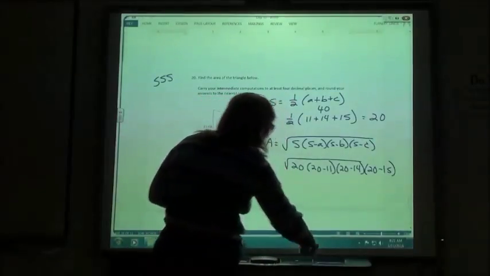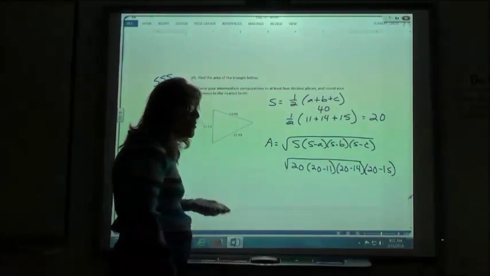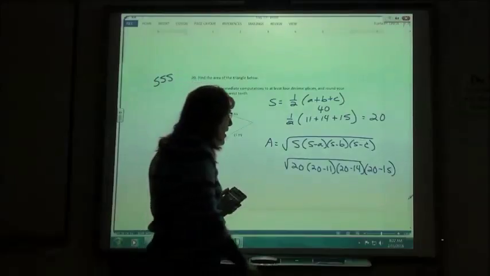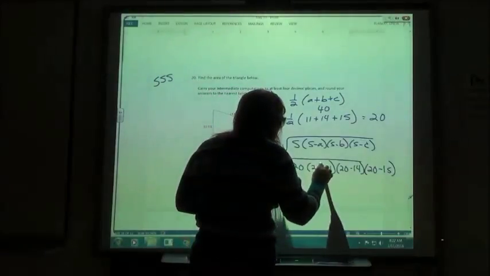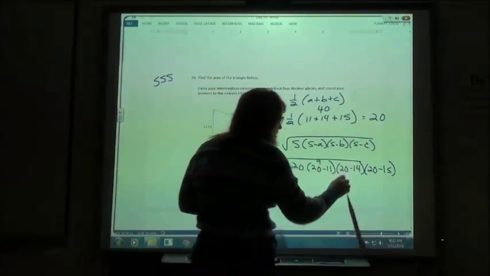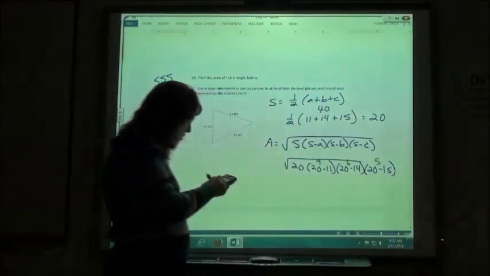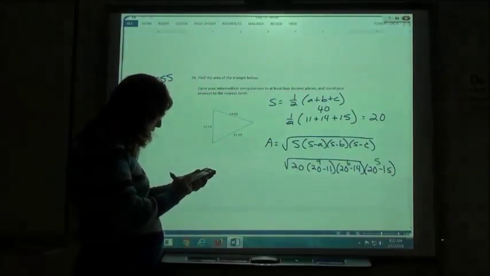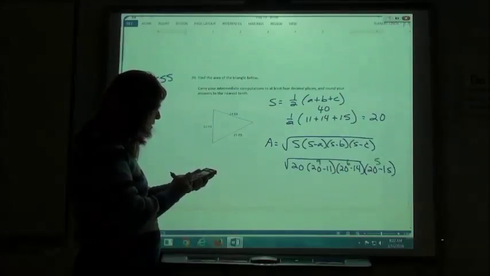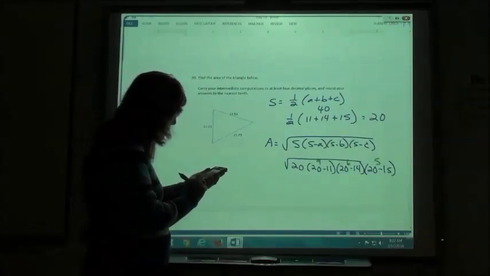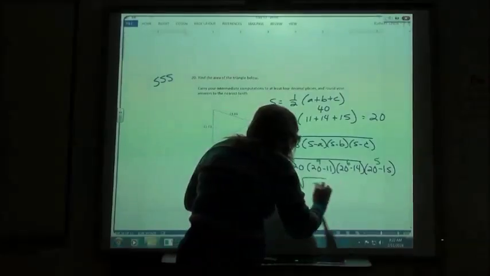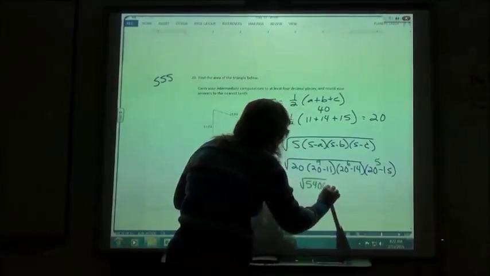So this one, since my subtraction's a little easier than with the decimals, I could just go ahead and subtract. 20 minus 11 would be 9, 20 minus 14 is 6, 20 minus 15 is 5. So I'm going to take 20 times 9 times 6 times 5. I get the square root of 5,400.